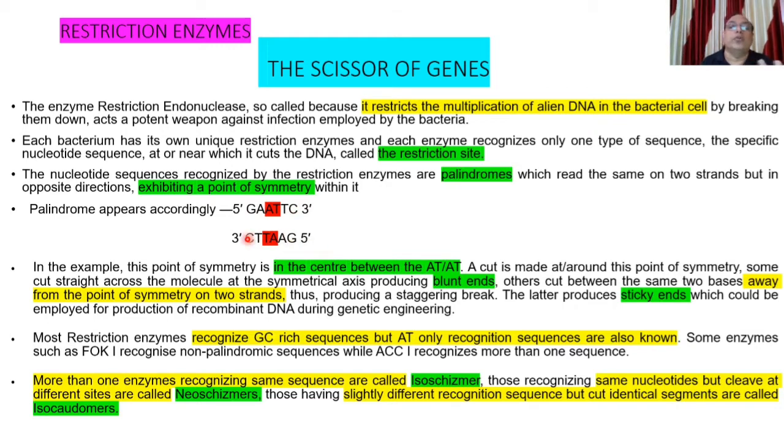So palindromes are the same when read from either direction, that is from left to right and from right to left. The sequence will read the same, and such sequences are called palindromic sequences.